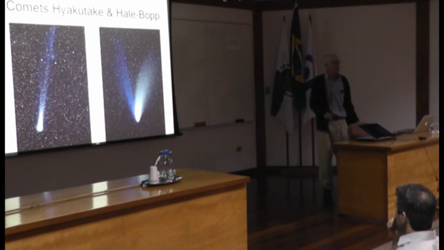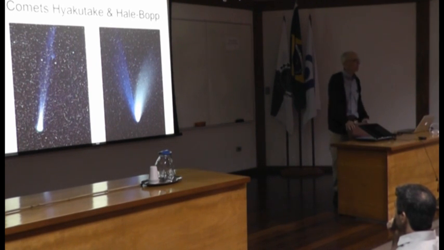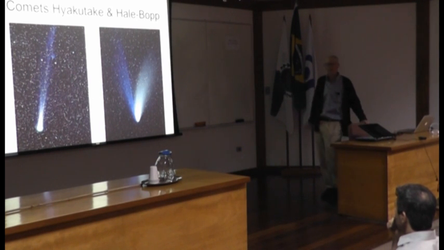These are a couple of comets, nicely photographed comets. There's the nucleus, where most of the mass is, and then the material coming off in the coma and tail, and that's what you see at a great distance, except when it's really cold, and then there's nothing coming off.